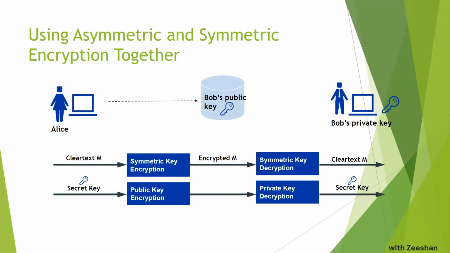But now let's say I can send the key to Bob using public and private keys. What I'm going to do is send the key by encrypting it with Bob's public key, and only Bob can decrypt it, right?